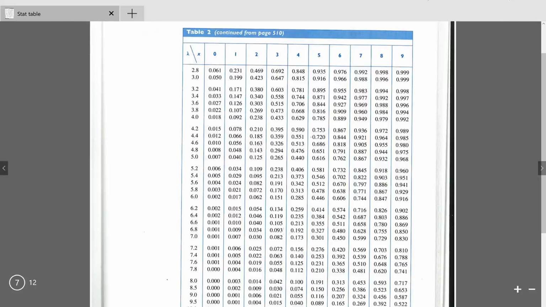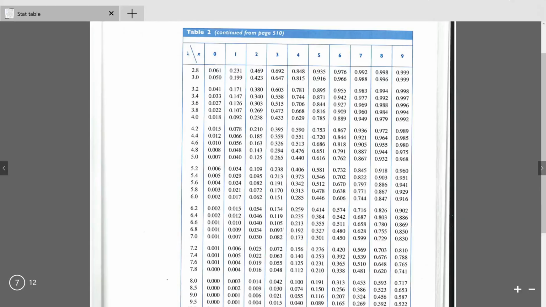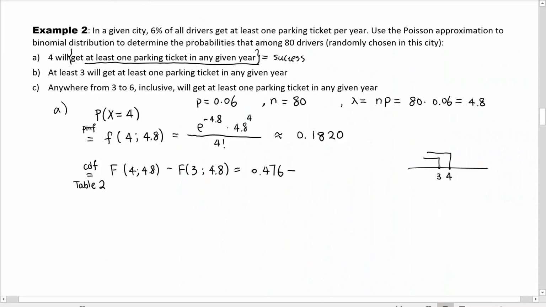This number, 0.476. And then next, we want to look at lambda is 4.8 and k is 3, which is 0.294. Are you able to find those numbers?